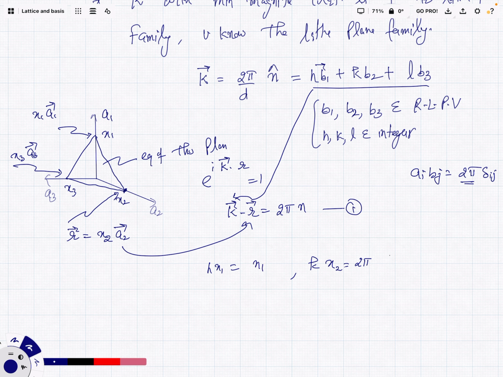K into x2 is also some integer n2, and L into x3 is also some integer n3.